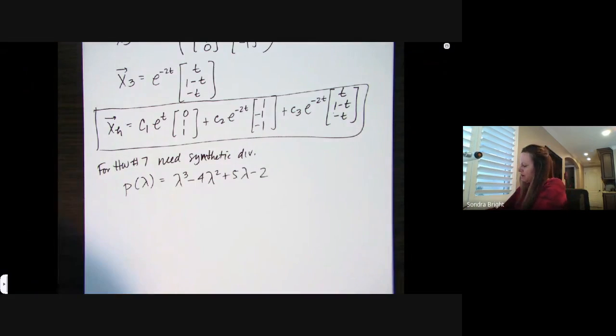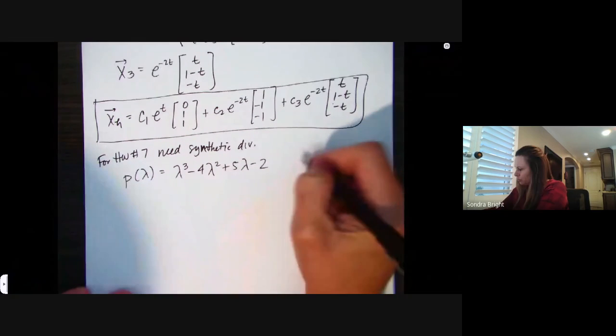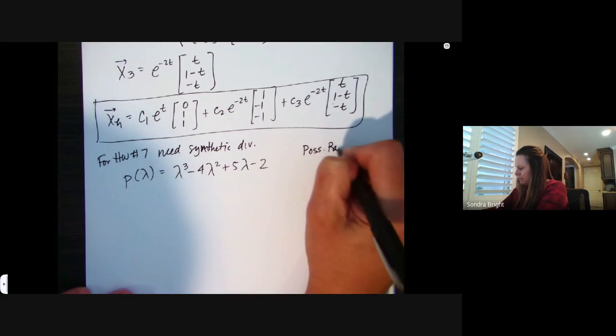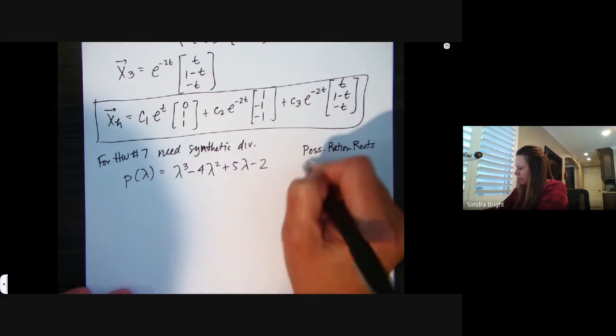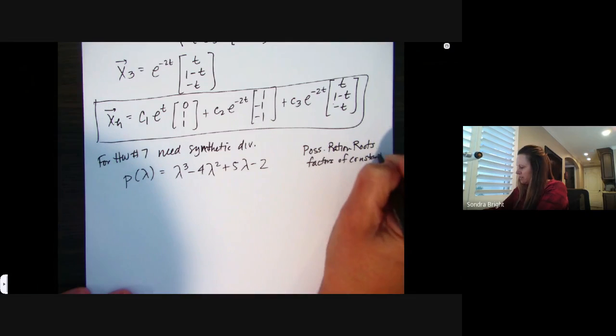You need to figure out your possible rational roots. Possible rational roots come from factors of the constant over factors of the leading coefficient.